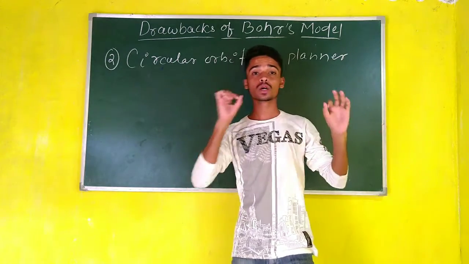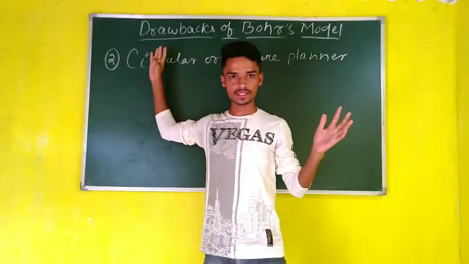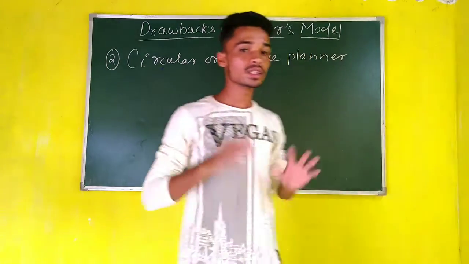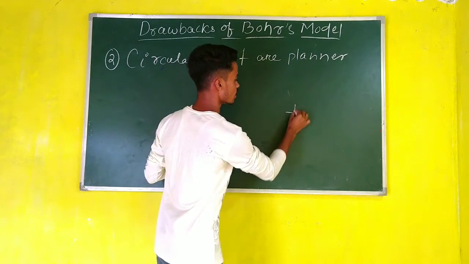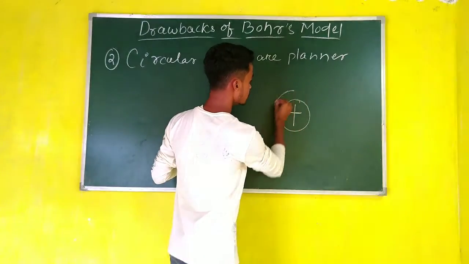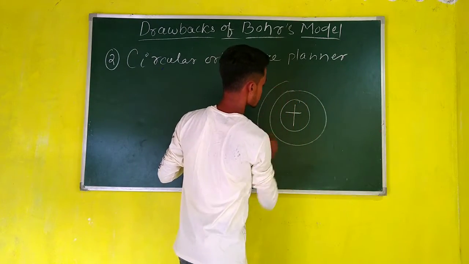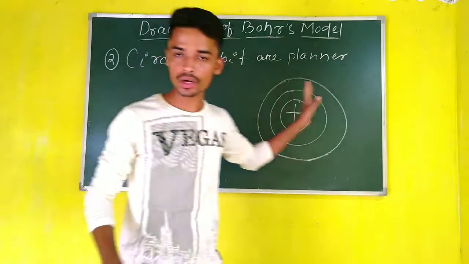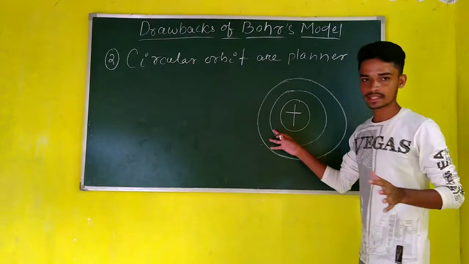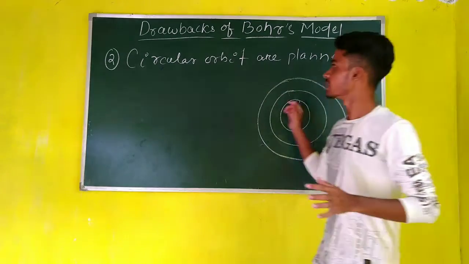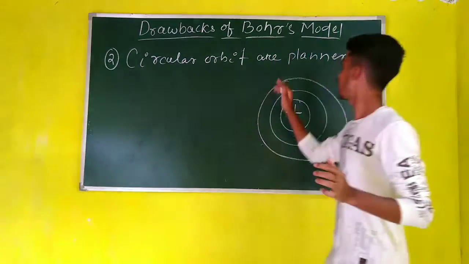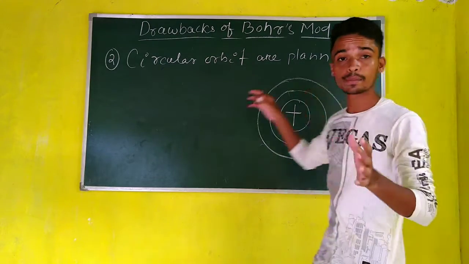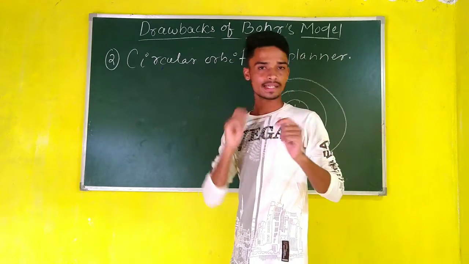Then students, comes the second drawback. Students, the shells, the orbits, this is the nucleus. These are the shells, these are the orbits. So according to Bohr, these circular orbits around the nucleus are planar, meaning they are two dimensional.